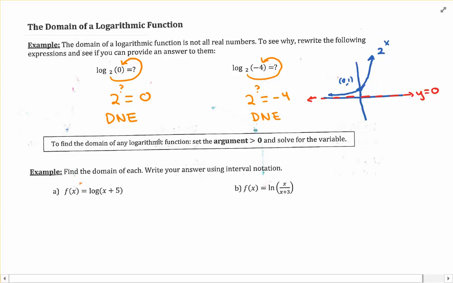It says to find the domain of any logarithmic function, you take the argument, or the inside part of the log function, and you force it to be greater than 0. Since we can't take the log of 0 nor a negative number, the only numbers allowed inside the log are positive. This gives us an algebraic strategy for figuring out what x values we can plug into any log function.